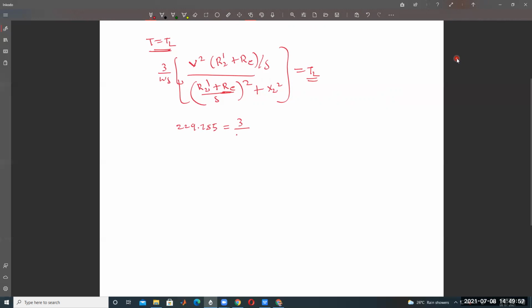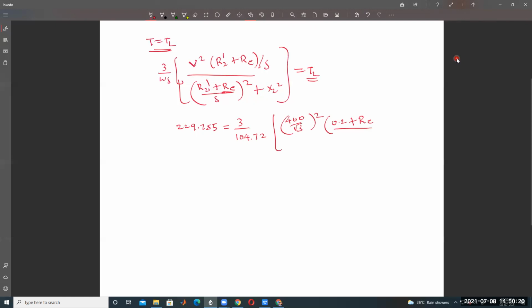How much is omega_s? 104.72. Then phase voltage 400 squared per phase, and R2 dash is 0.2, and R external we don't know, so we need to find this.